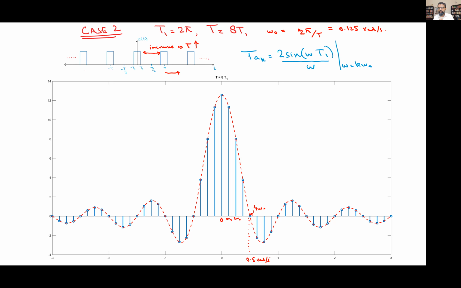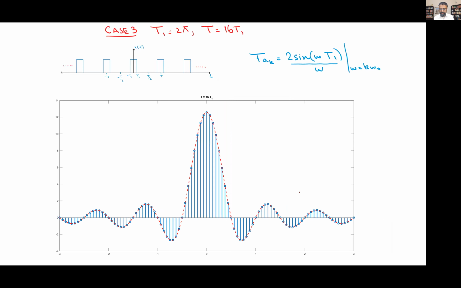Right? So the point is that as your time period increases, the frequency samples become closer and closer. And similarly, this is for 16 times T1. So capital T is now twice as much as it was earlier.